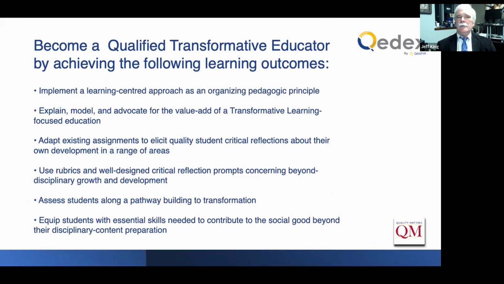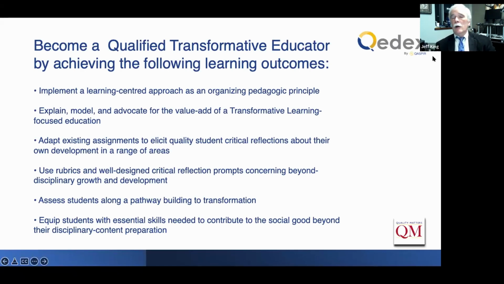What you see on this screen is the series of steps, if you will, for becoming a transformative educator, as you, a faculty member, would be achieving the following learning outcomes.